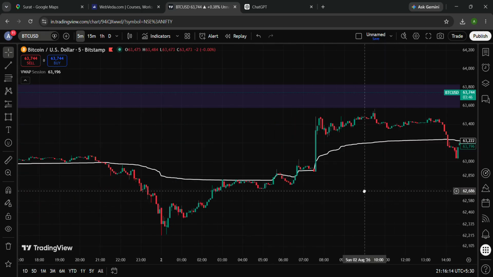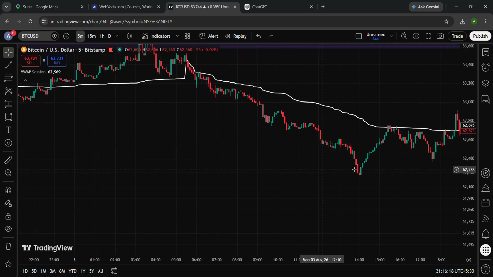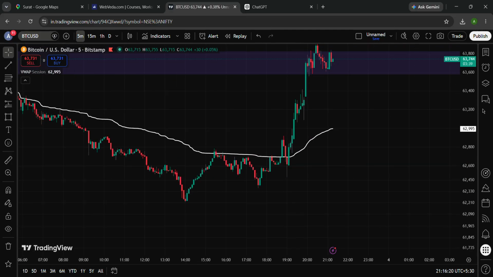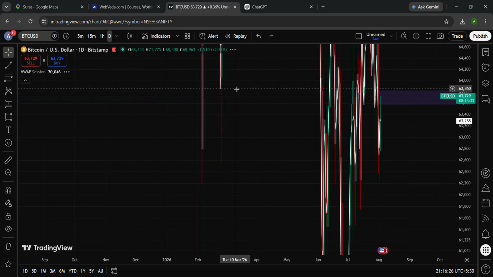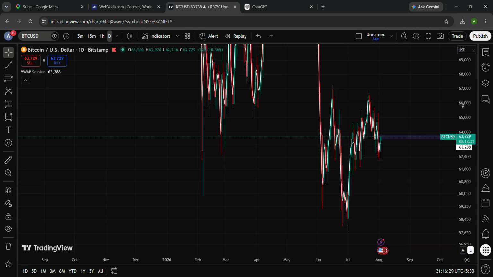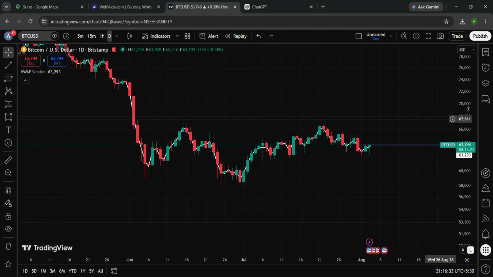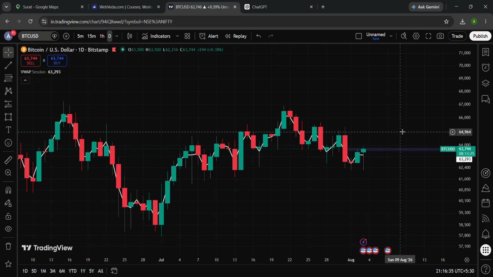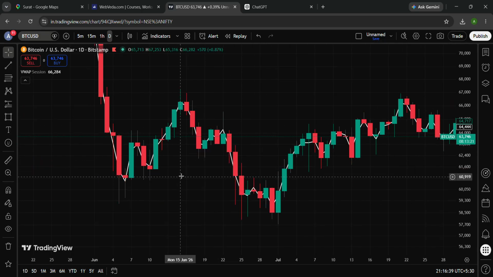So you can take your trade according to it. This is very important and very useful. If I show you on the day chart, the VWAP line sticks accurately with the candles. It is absolutely perfect how it sticks with each and every day candle.